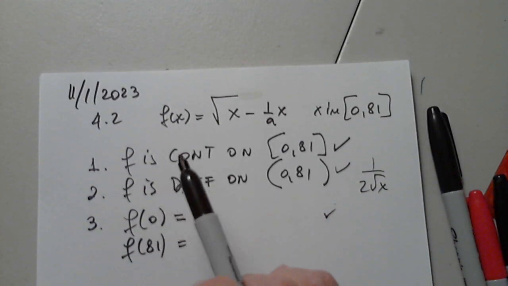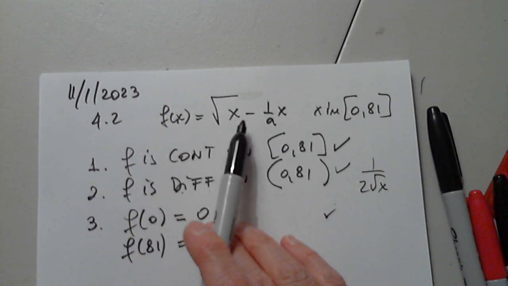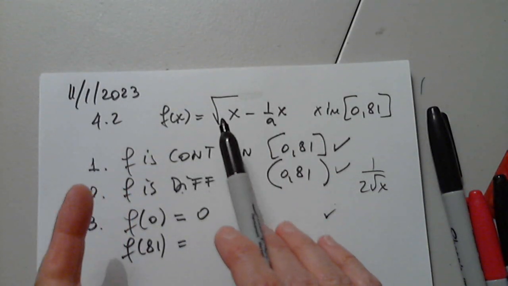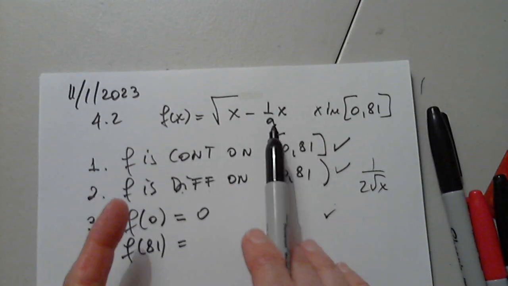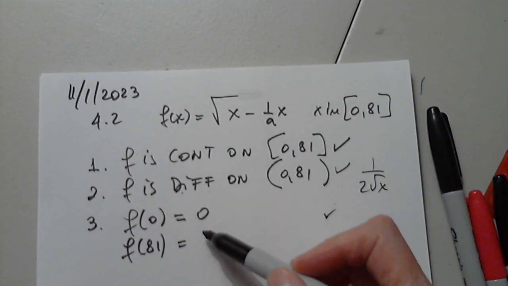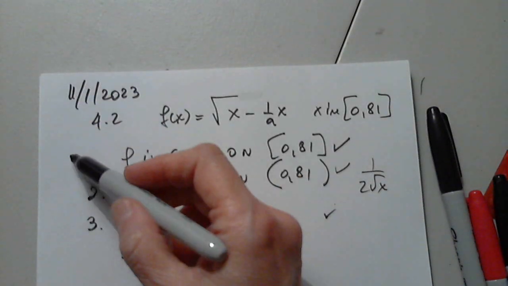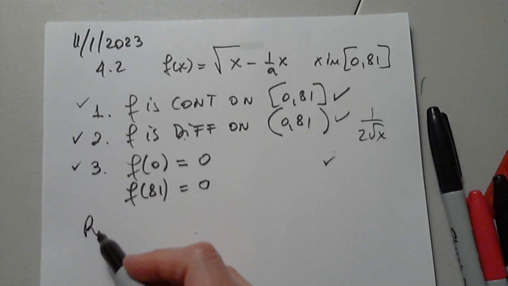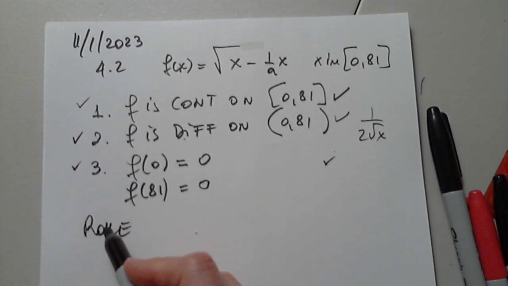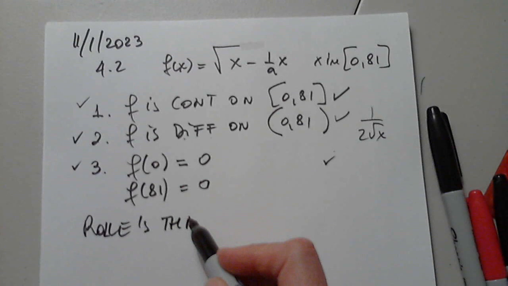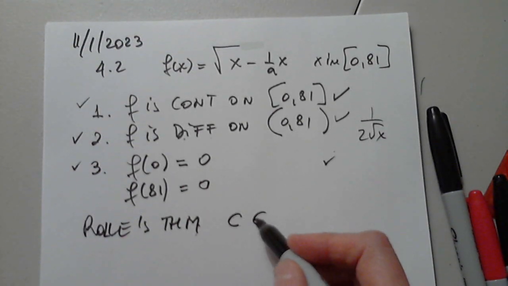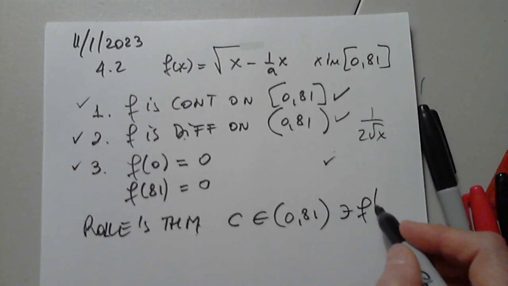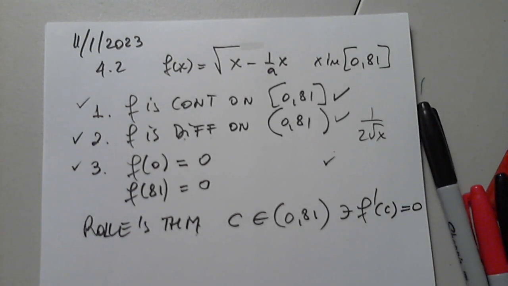When I plug in 81, I have 9 minus 81 over 9. So 9 minus 9 is 0. So all 3 conditions are fulfilled. Therefore, Rolle's theorem guarantees C in the open interval 0, 81 such that f prime of C is 0.